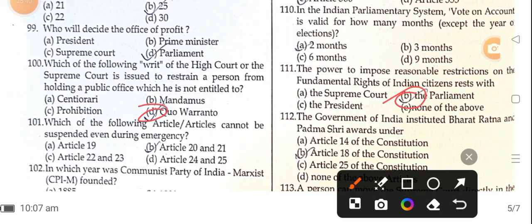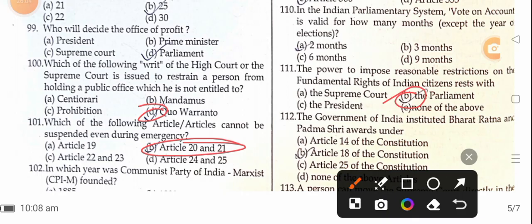So, my dear students, there is one article. From which article to which article can rights not be suspended during emergency? Articles 20 to 21 cannot be suspended even during an emergency. The government of India instituted the Bharat Ratna.